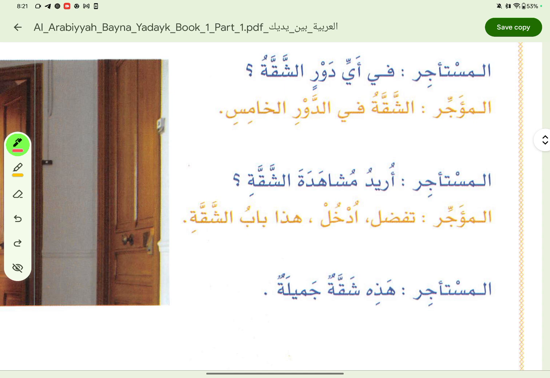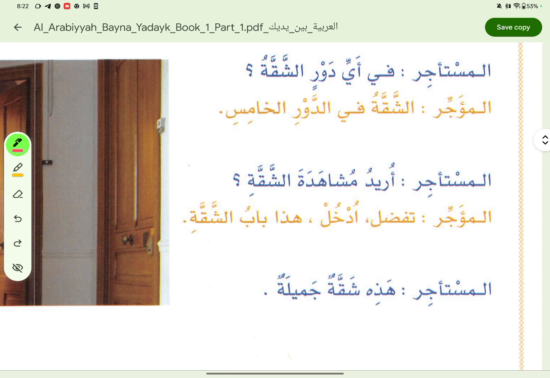And then the mu'ajjir, the landlord here, is saying tafaddal, like to go ahead, or to come, but it's a very nice way to say come. It's not like saying ta'al, it's tafaddal. There's some karam, some ihtiram, some respect there when someone says tafaddal.